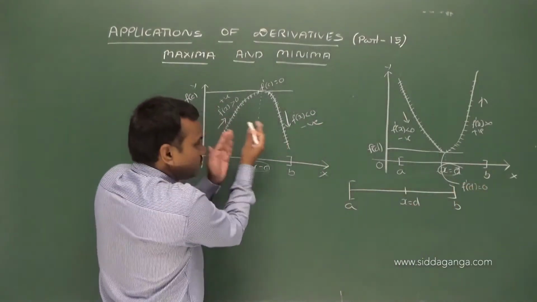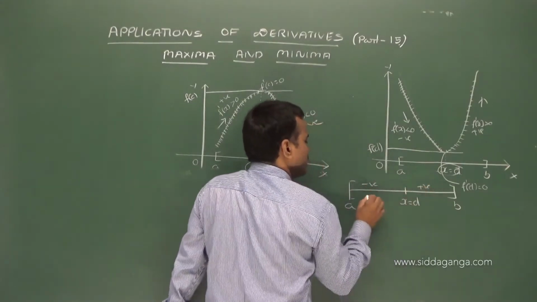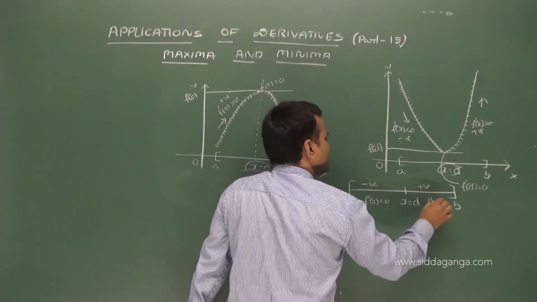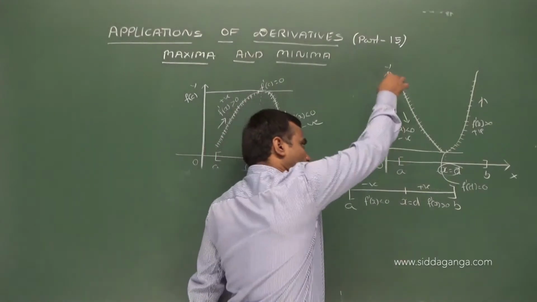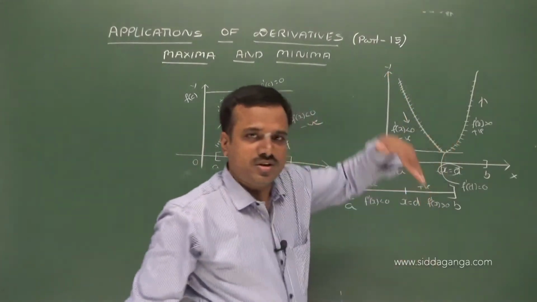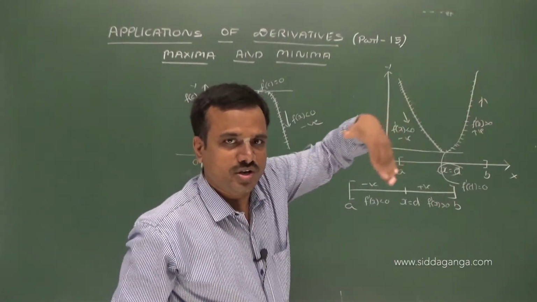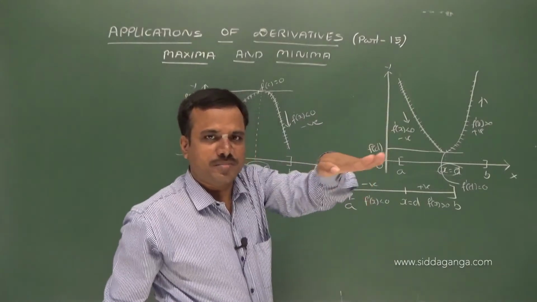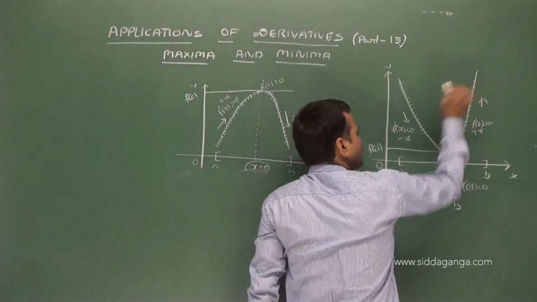Here it goes from positive to negative, here from negative to positive: f dash of x less than 0, then f dash of x greater than 0. From negative to positive, the tangent is decreasing, then parallel to the x-axis, then it goes on increasing.